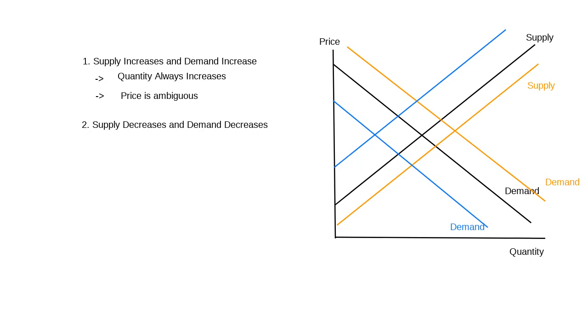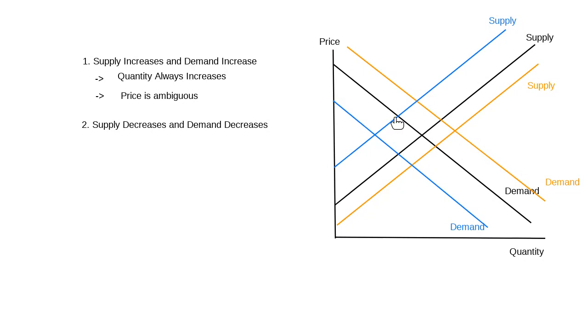So it's the opposite. Both decrease, so both move in this direction. The new equilibrium is going to always be somewhere to the left of the old equilibrium, or the ones for the black curves.